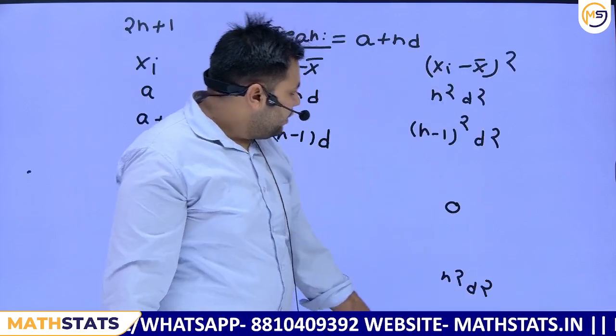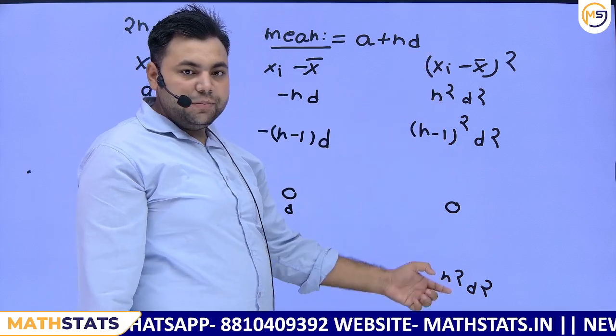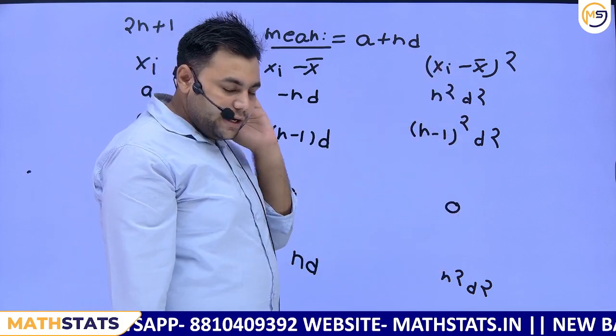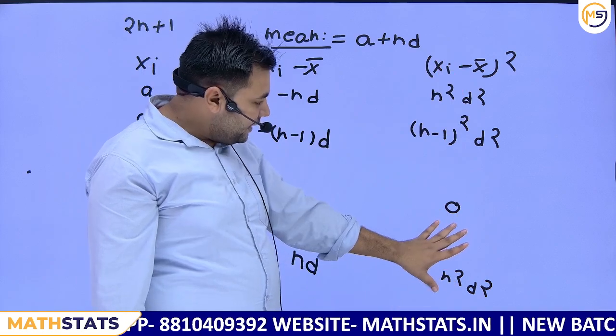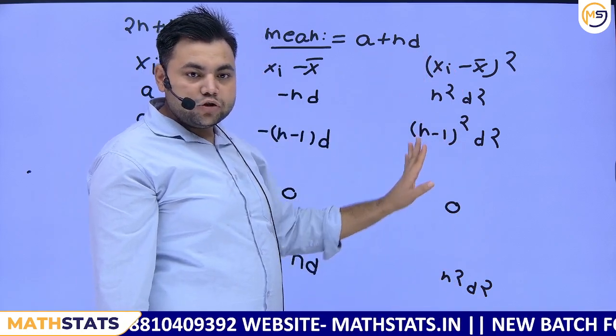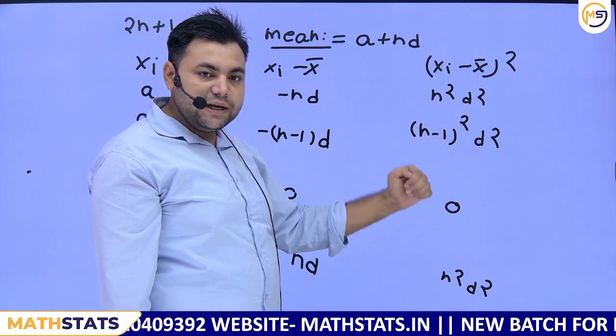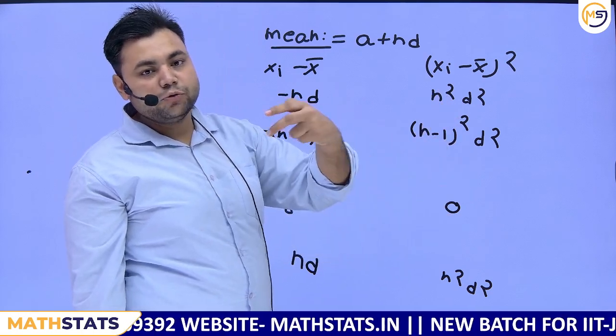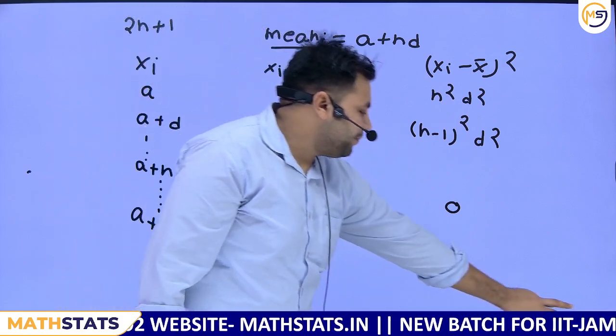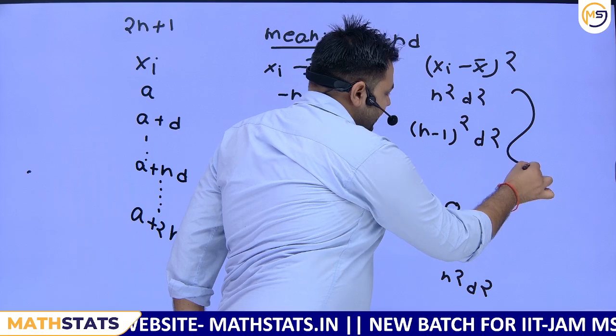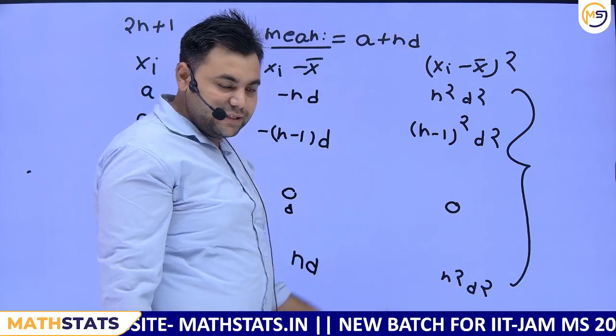See here, when we are adding these terms, the quantities below 0 and above 0 are equal, so we can add it in this way: 2 multiply 0 plus d square plus 2d square, 2 square d square. So if we add this series, what do we get?